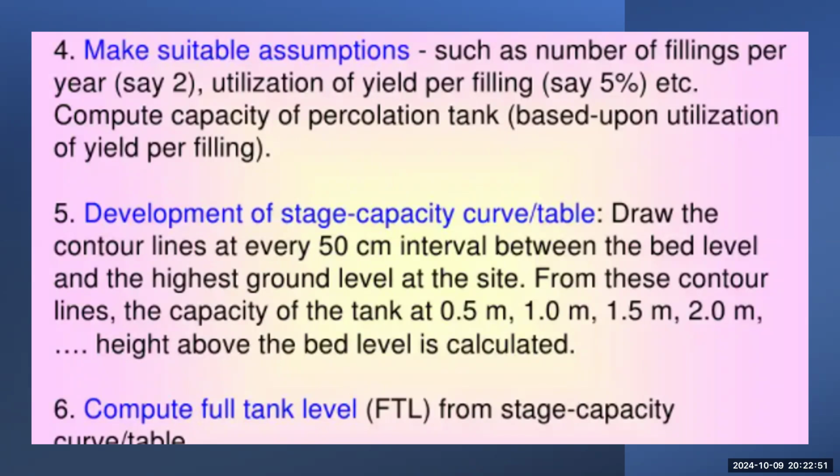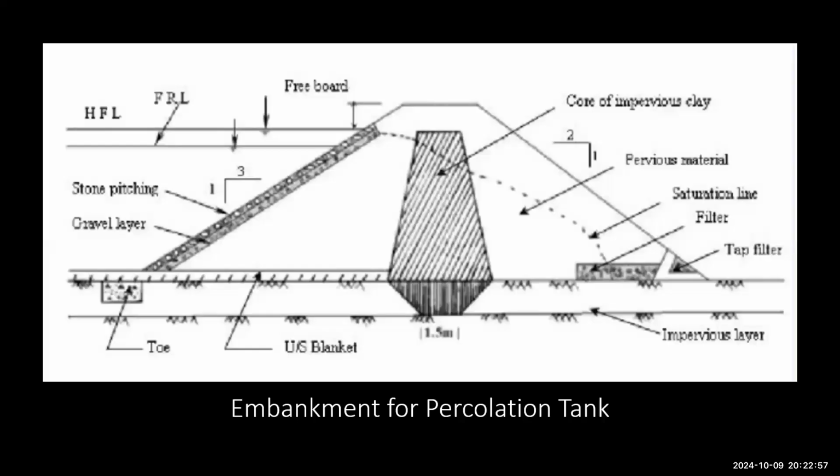So these are the steps to design a percolation tank. Along with these steps, the next point is the design of this earthen embankment. The previous steps are related to the planning of the entire percolation tank.